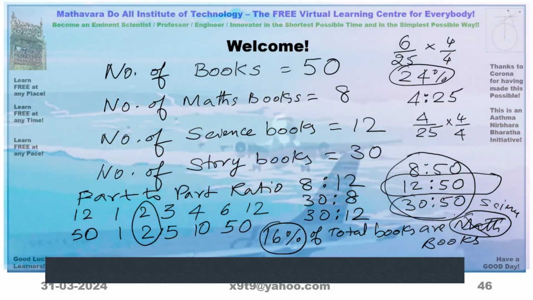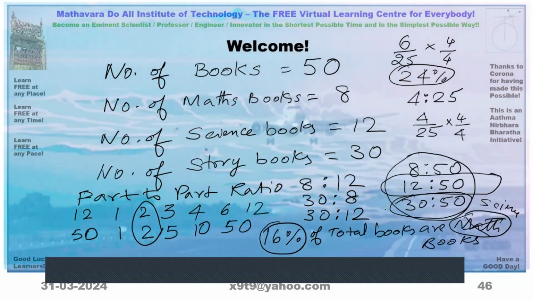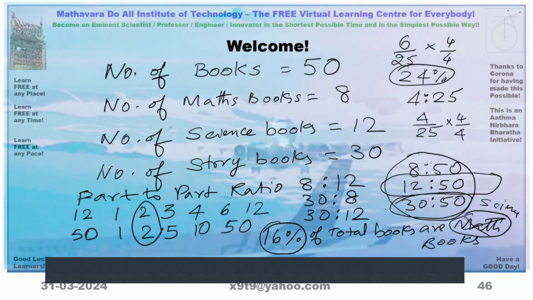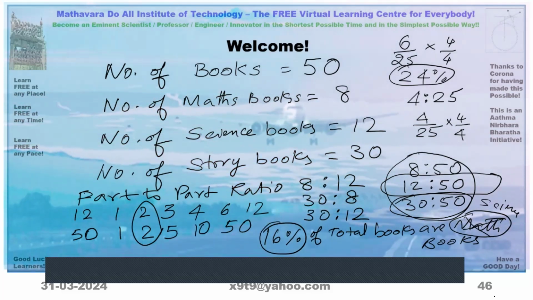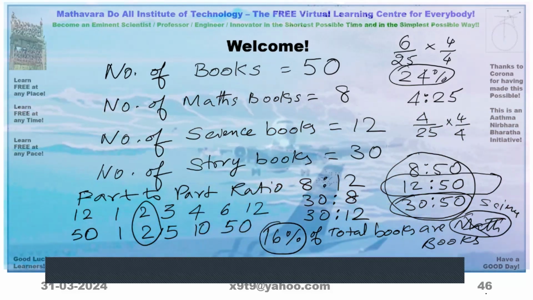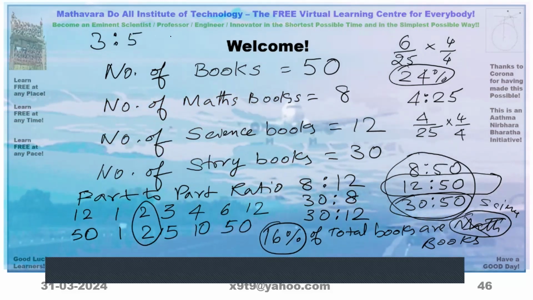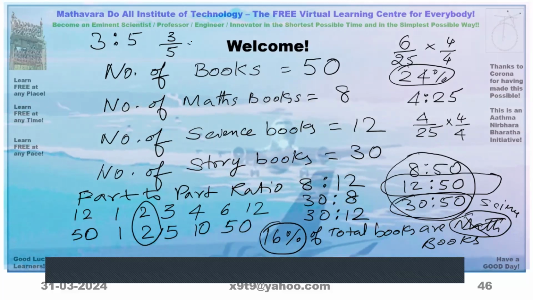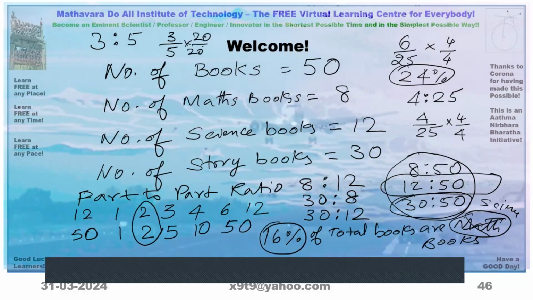Similarly, find out this third one. What is the ratio using the smallest integers? Ten. So it will be 3 to 5. Correct, because 10 will go, that's all. So it will be 3 to 5, or it is 3 by 5. So to make denominator 100, you have to multiply by 20 here, multiply by 20 here.